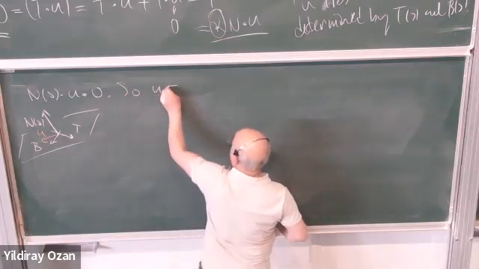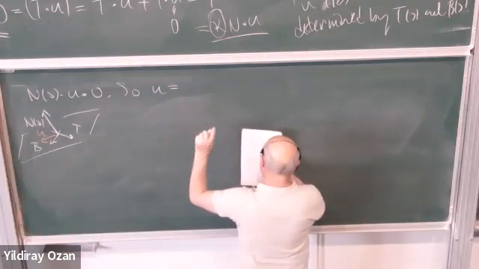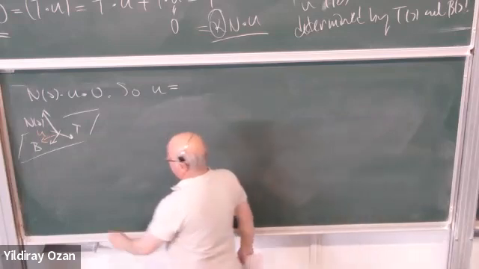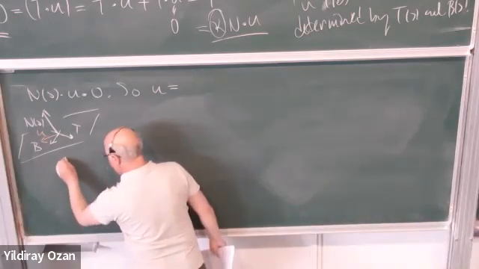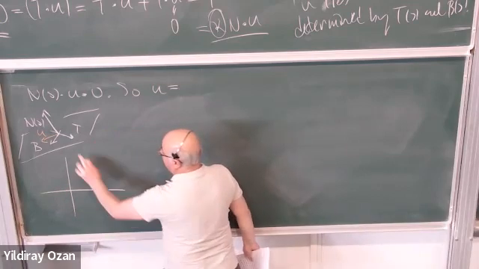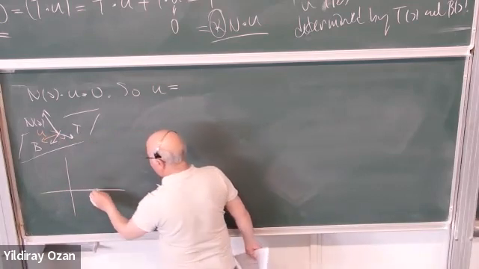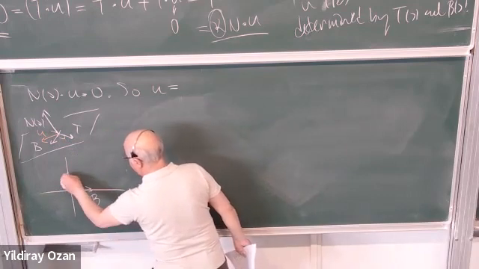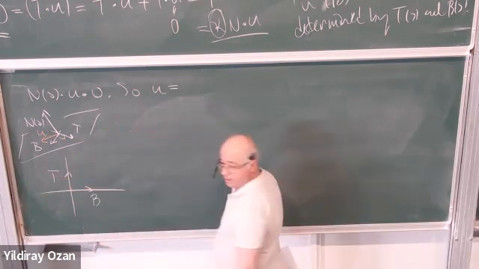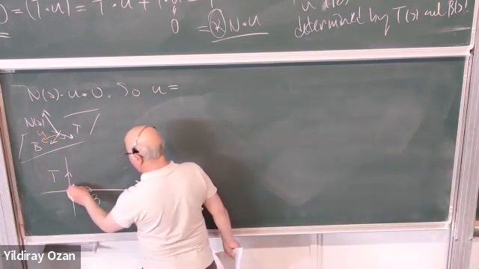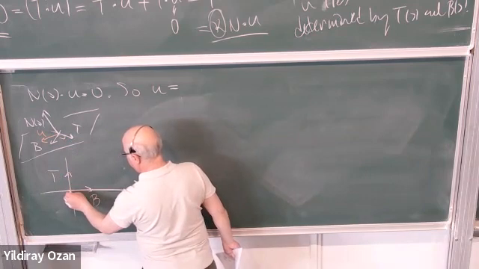So we may write it this way. Let me draw the coordinate plane. T and B are perpendicular vectors. Let's say this is the vector B and this is the vector T. U is a unit vector in this plane.